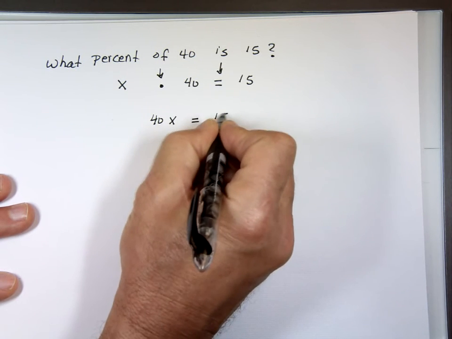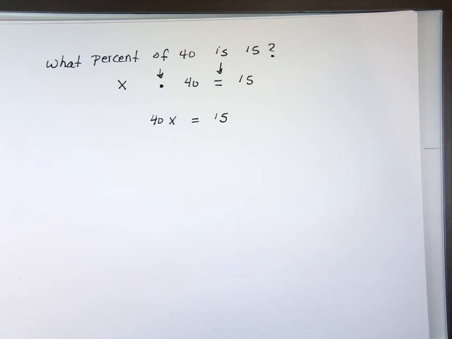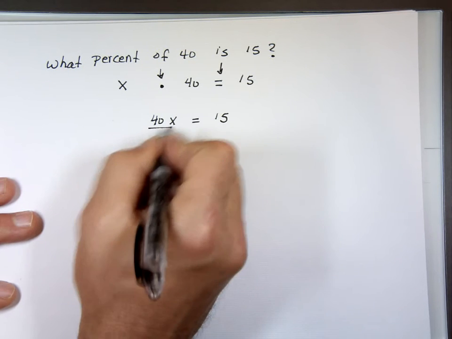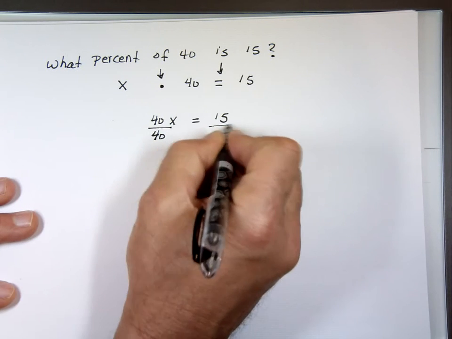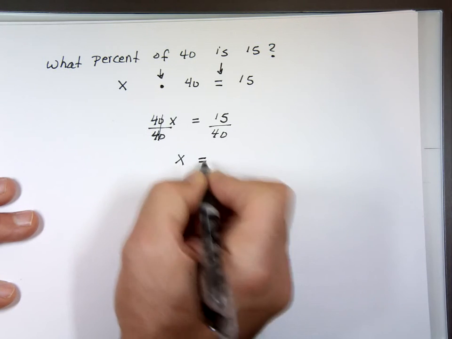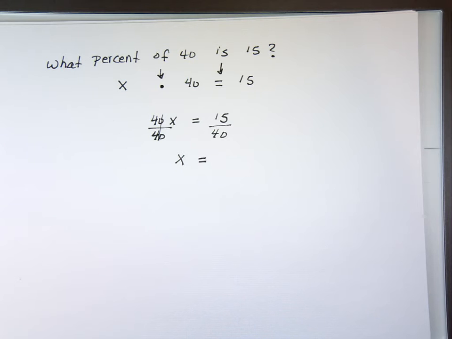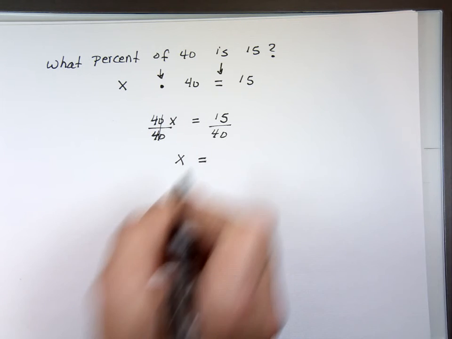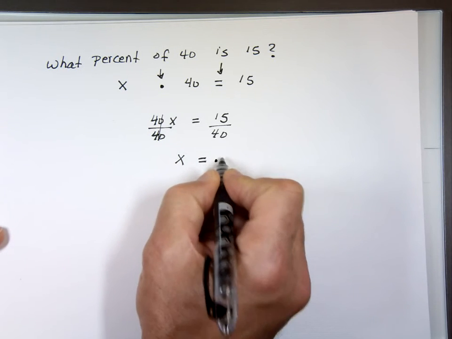How do you solve for x? What do you do? Divide by what? By 40, right? And if you divide 15 by 40 as a decimal number, that's 0.375.